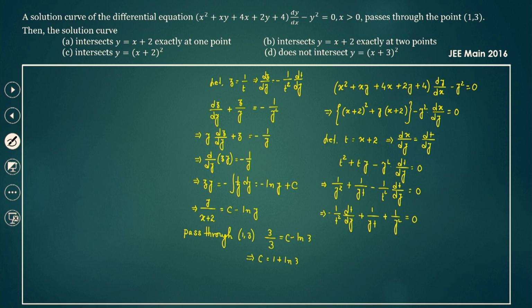Now I can rewrite 1 as ln e, so c is ln e plus ln 3, which is ln 3e. That's it. If I substitute that in equation number 1, we get the solution curve. So the solution curve is y divided by x plus 2 equals ln 3e minus ln y.